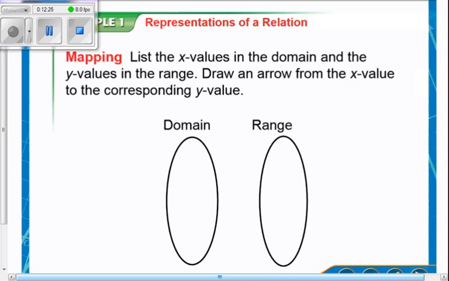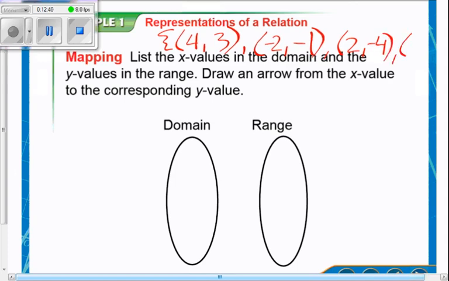I'll go ahead and write it up here. We have our set, and the first ordered pair is (4, 3), (-2, -1), (2, -4), (0, -4). And then, of course, my last little curly bracket.